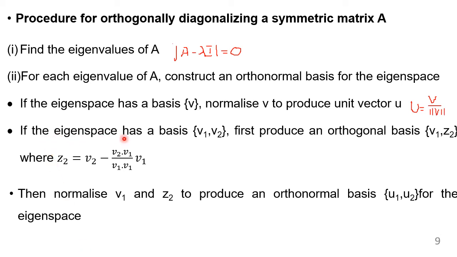And if the eigenspace has a basis with two vectors v1, v2, then we need to produce an orthogonal basis first, v1, z2, where z2 is defined as v2 minus v2 dot v1 divided by v1 dot v1 multiplied by v1. Then we need to normalize v1 and z2 to produce an orthonormal basis u1, u2 for the eigenspace.